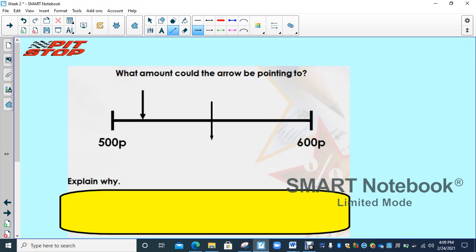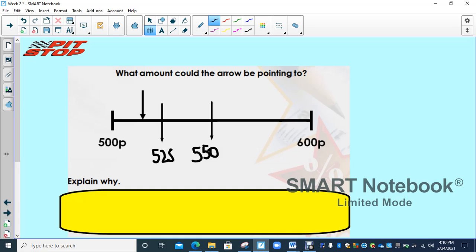So hereabouts, thereabouts, the estimate, this is my midpoint. Now, I can think again, what's halfway between my 500 pence and my 550 pence, or £5.50? Well, that would be 25 pence here, if I'm thinking about quarters. So I've got 550, and then 525, or £5.25.